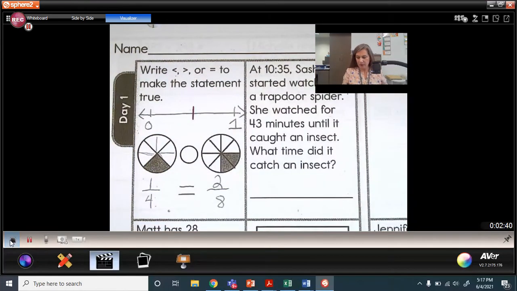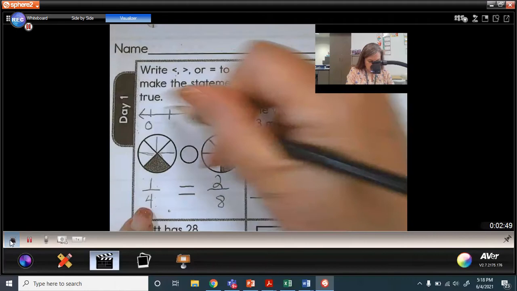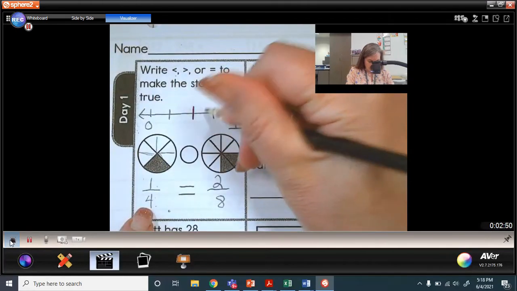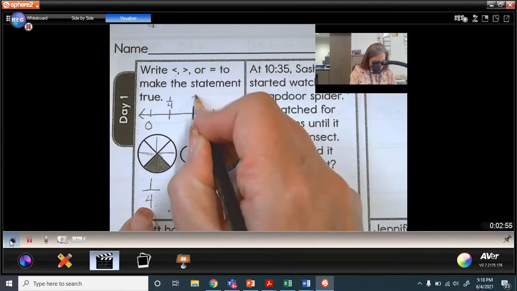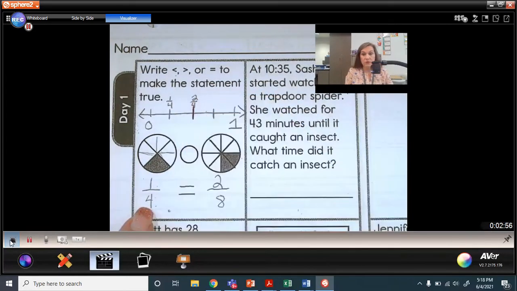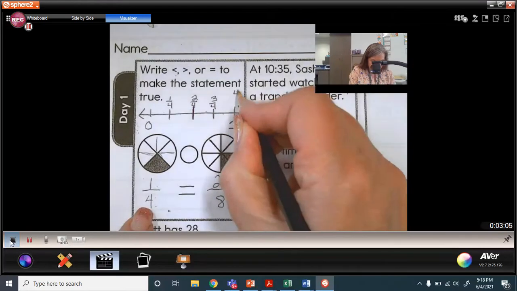And then from there, I can use those halves to make fourths, if you remember. So 1, 2, 3, 4. So this is 1/4. This is 2/4, or it's also half because 2 is half of the 4 pieces. We have 3/4, and 4/4 is 1 whole.